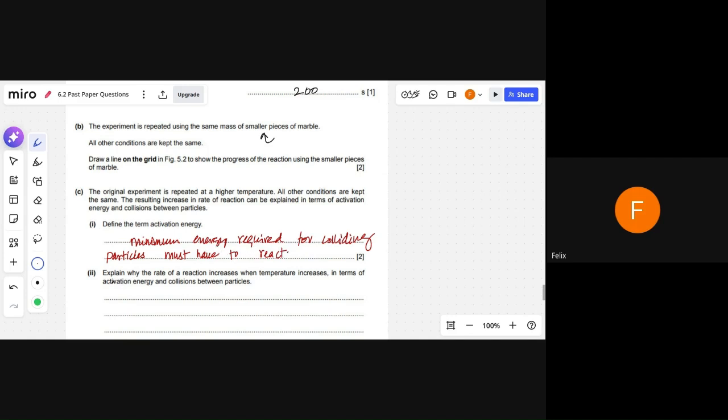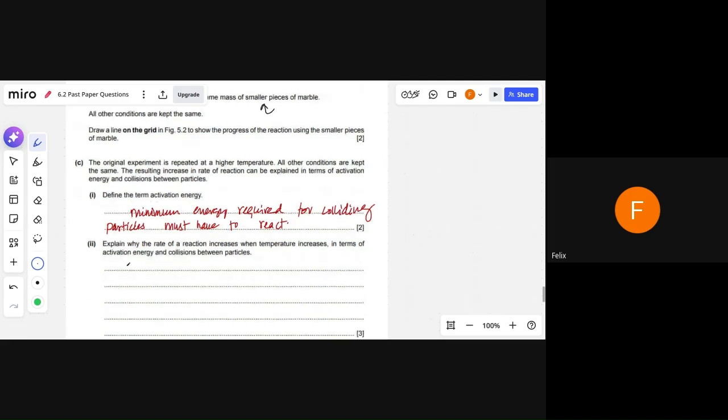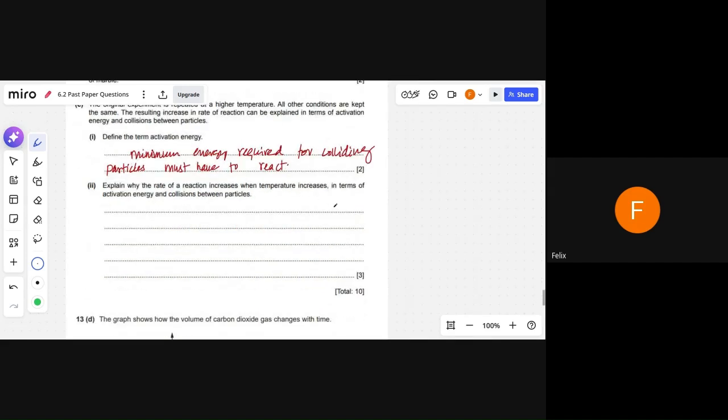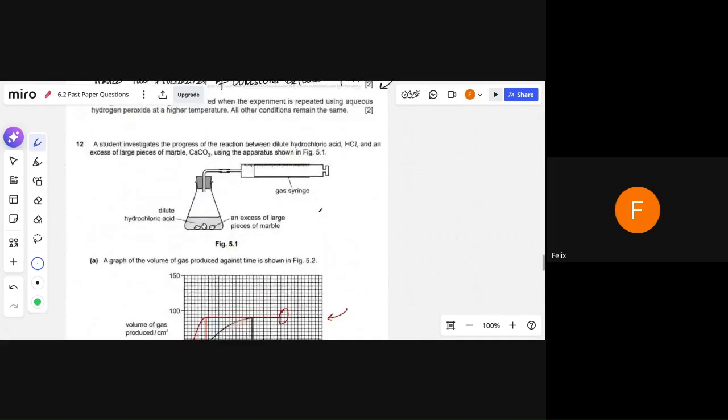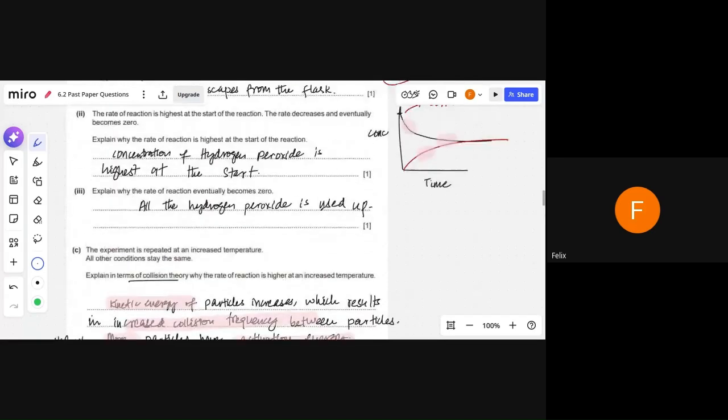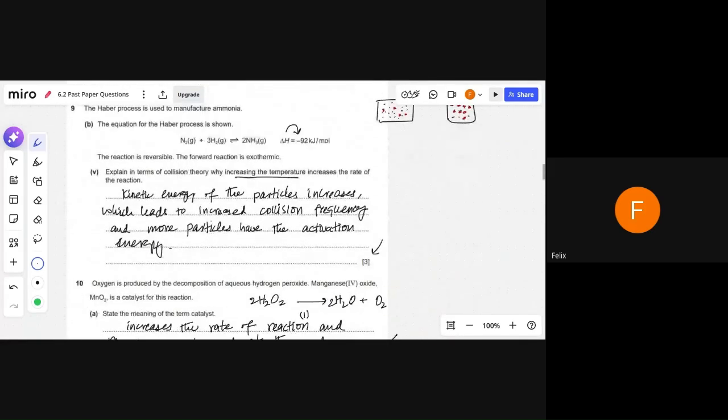So the next question: explain why the rate of reaction increases when the temperature increases, in terms of activation energy and collision between the particles. We have explained it already here in this question. These two questions are very similar, exactly the same.